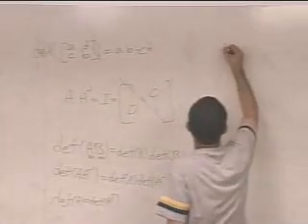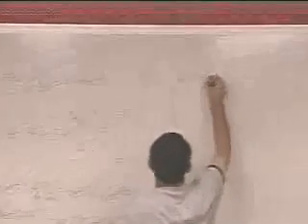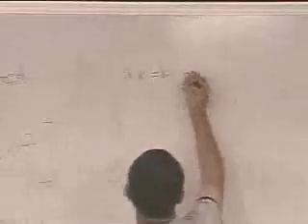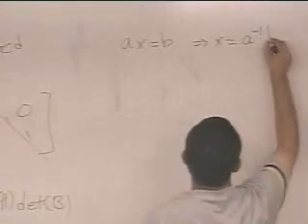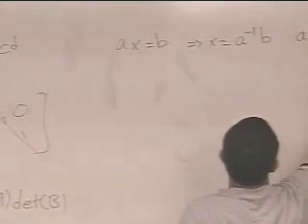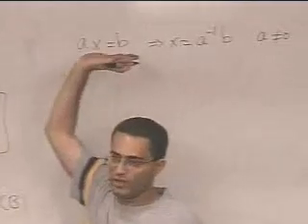Think of the determinant like this. When you're solving an equation with numbers, ax equals b, then x equals a to the power of minus 1 times b, as long as a is not equal to 0. That's when you're solving an equation.